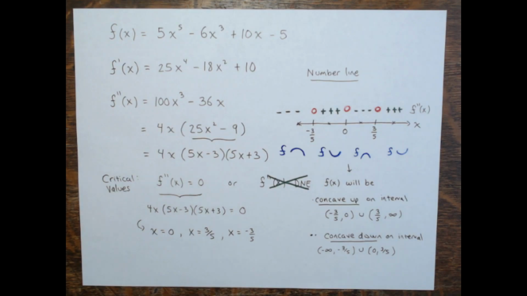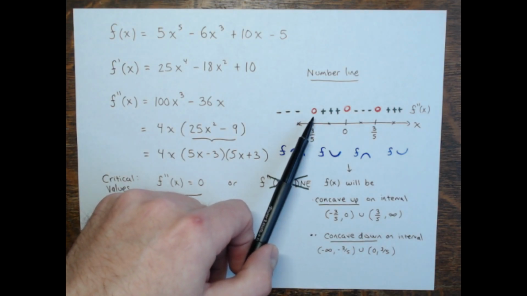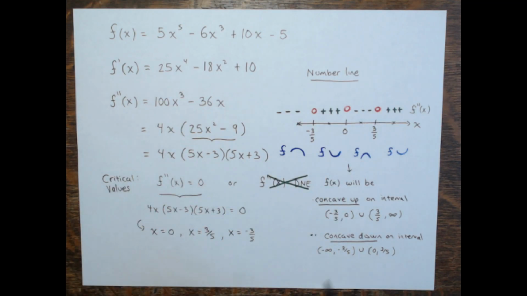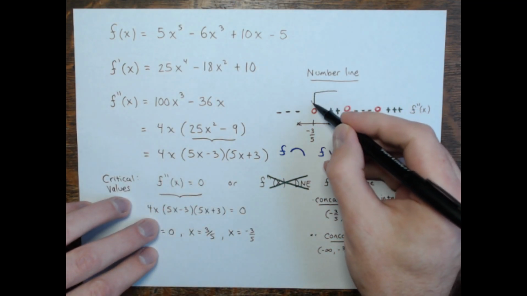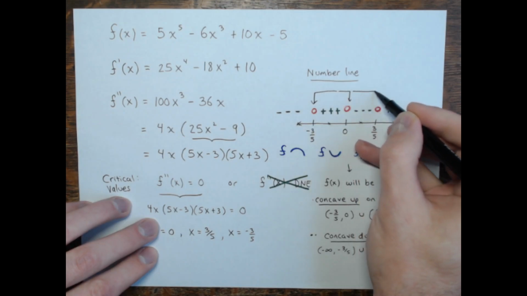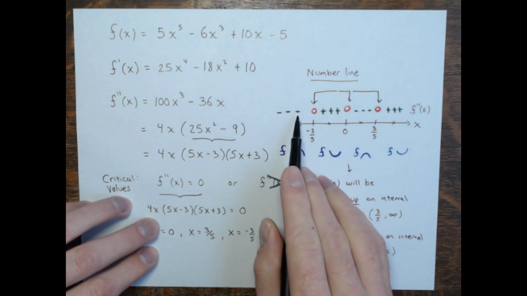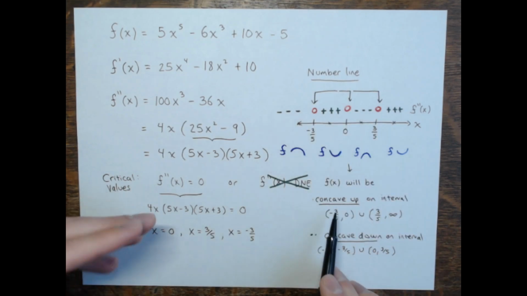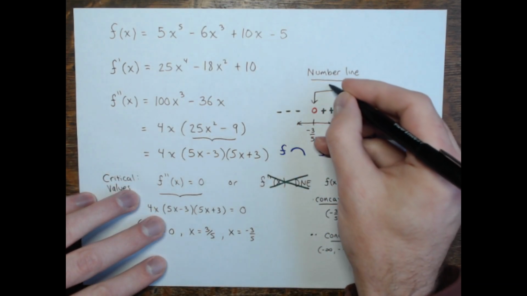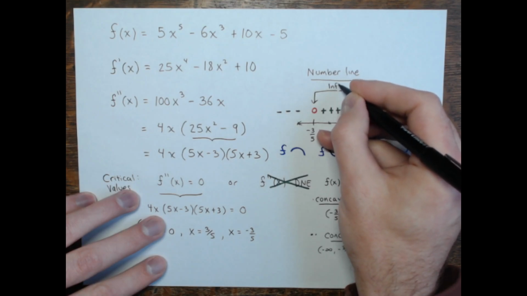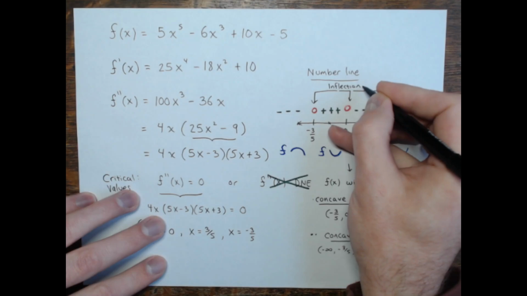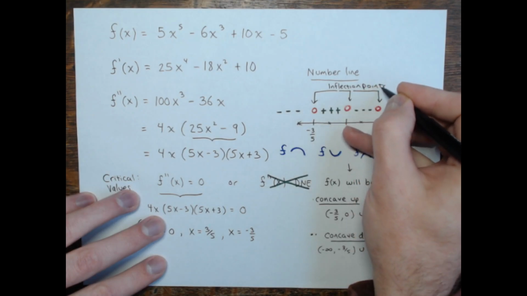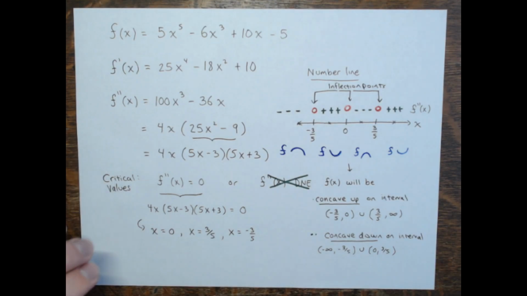But you see how the value of the second derivative does change at every single one of these. So since the value of the second derivative changes, the concavity changes at all these points. These are points of inflection. You're going to have inflection points at negative 3/5, at 0 and 3/5.